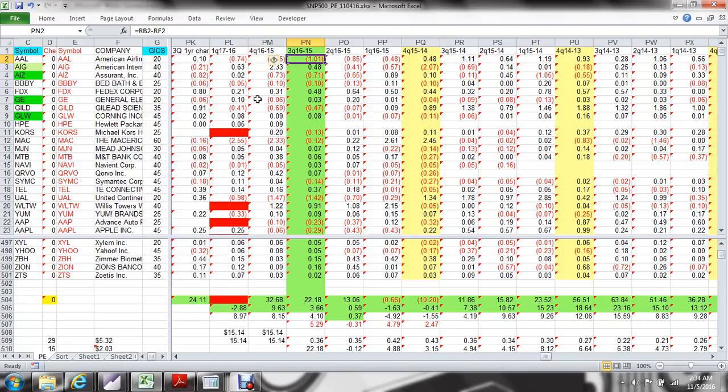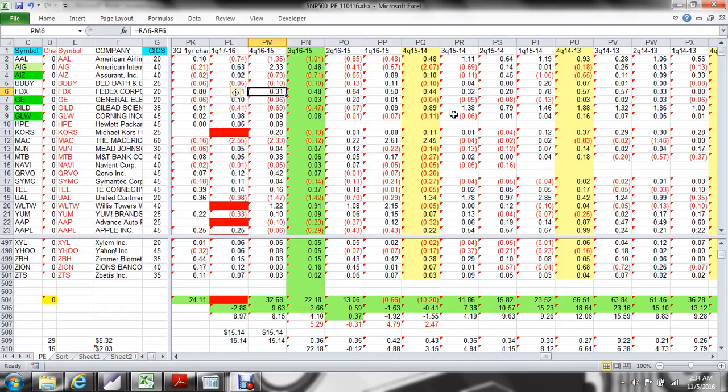Actually, FedEx is seeing good earnings, but in the fourth quarter of last year they had 44 cents earnings, and they're projected to only see 31 cents of earnings in the fourth quarter of this year. They bought back 14% of their shares.